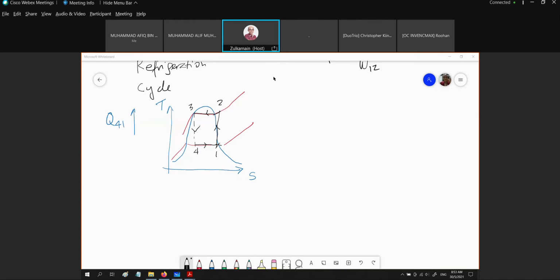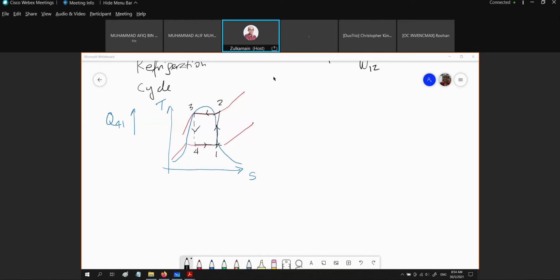Remember, in the first cycle the end of the compression process, state 2, is at saturated vapor. Now, to increase the Q41, we are going to project point 1, the end of the evaporation process, to the state of saturated vapor.